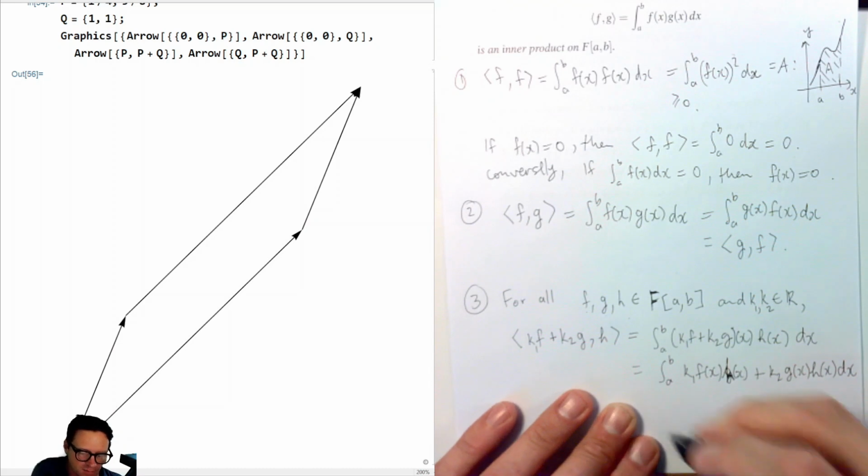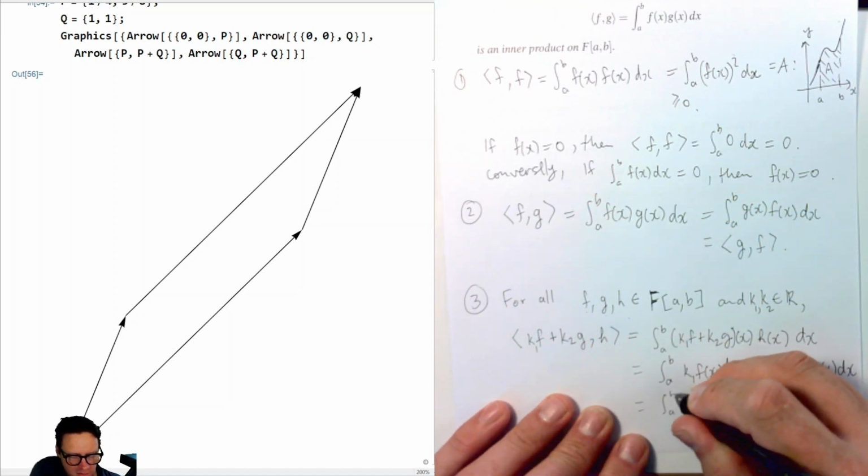Okay, now we can break this up as a sum of two integrals.